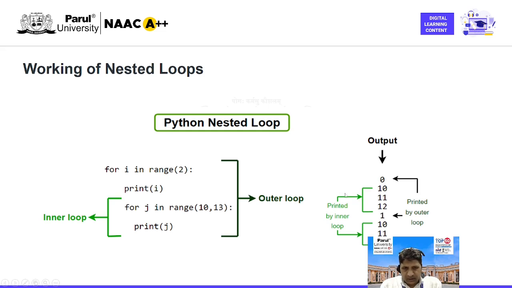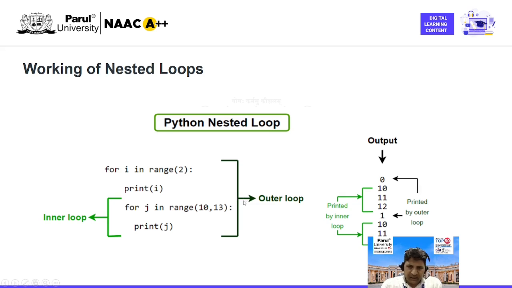You can see the three values are printed by the inner loop, and the single values 0 and 1 are printed only by the outer loop.